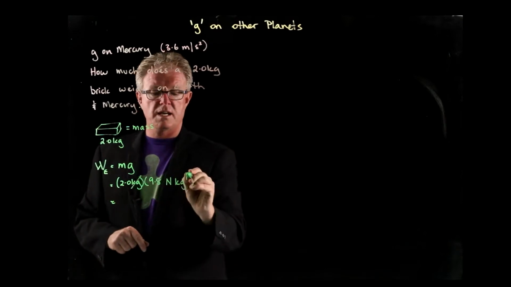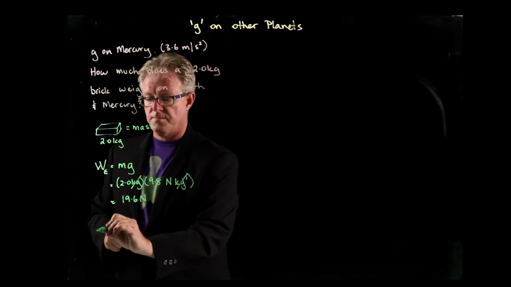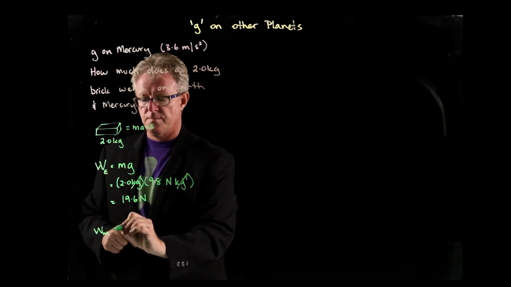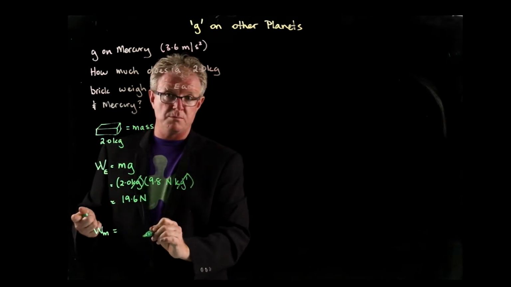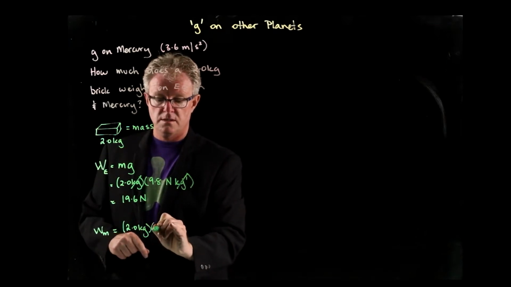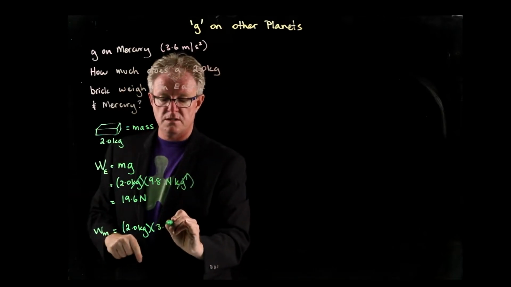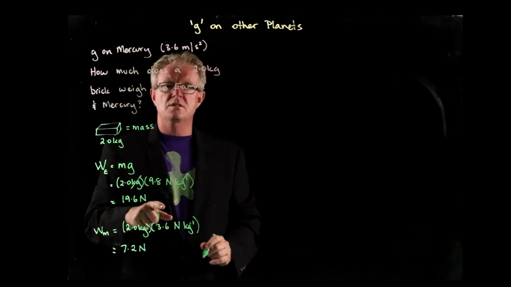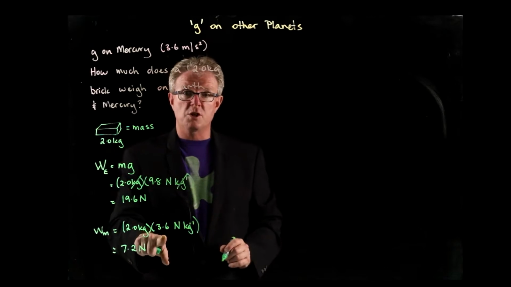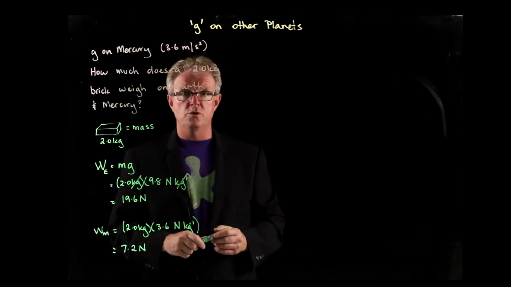So the kilograms cancel out. Well, what about on Mercury? It's still mg, so it's still got the same mass no matter where you are. But of course the value for g now is 3.6. And because the gravitational field strength is so much less compared to Earth, we have a less weight, 7.2 newtons.